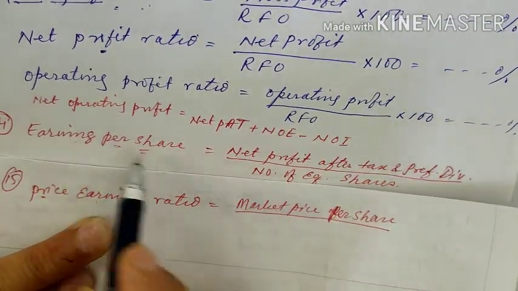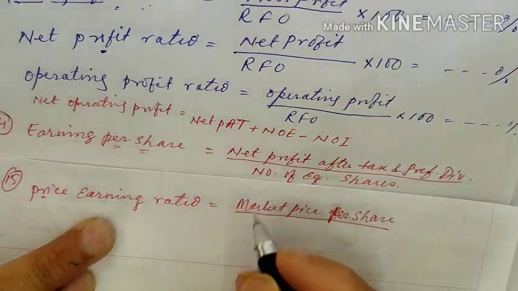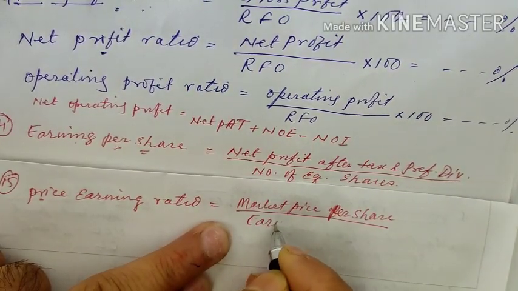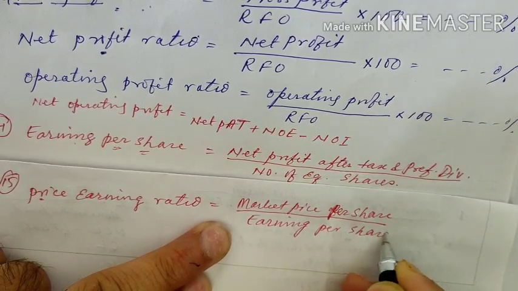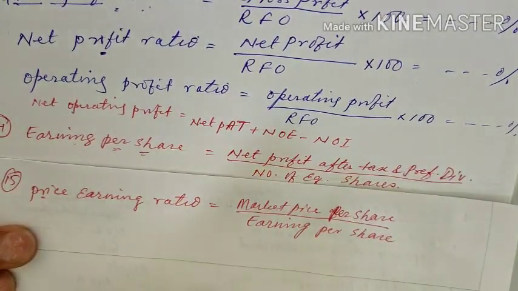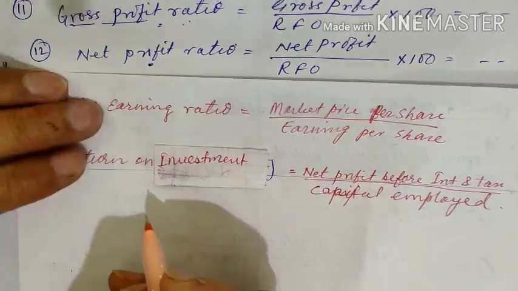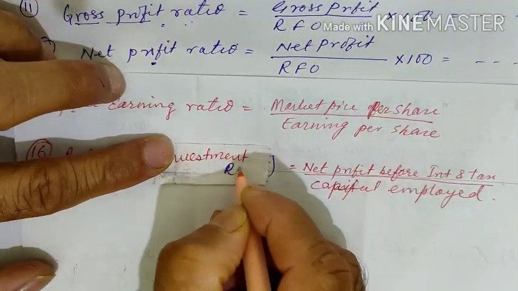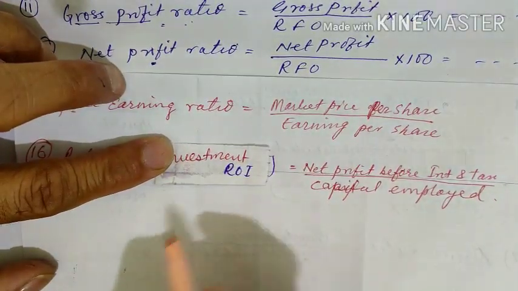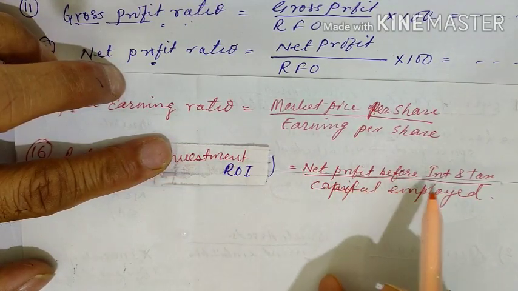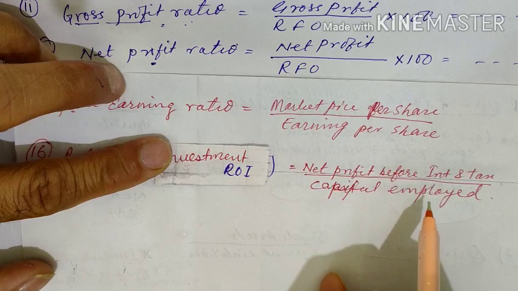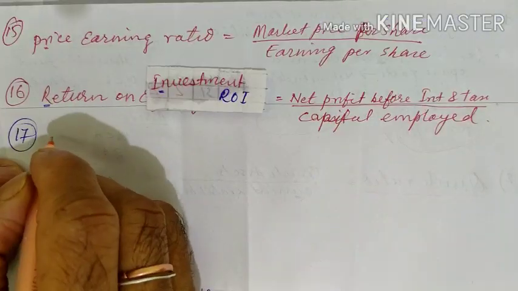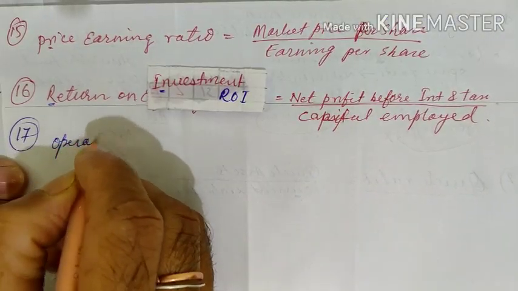Earning here we have already calculated, earning per share. Simple way. Number 16, return on investment, which is also called ROI. You have net profit before interest and tax divided by capital employed.